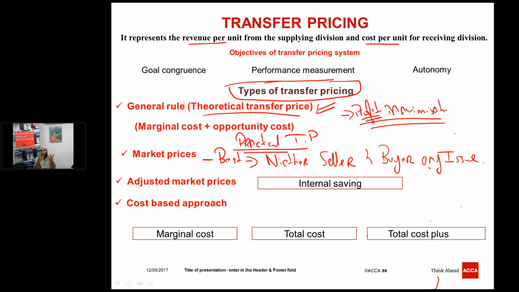Let's suppose $100 is the market price. The buyer knows if I'm not buying from the internal market, I can buy from the external market for $100. So the market price, my dear friends, acts as a realistic transfer price practically. Okay.